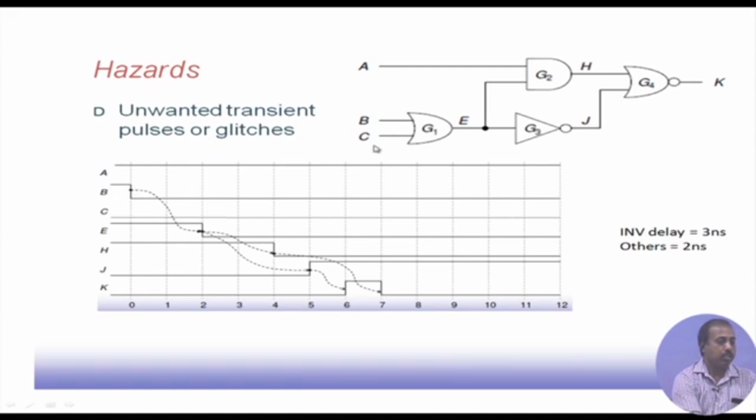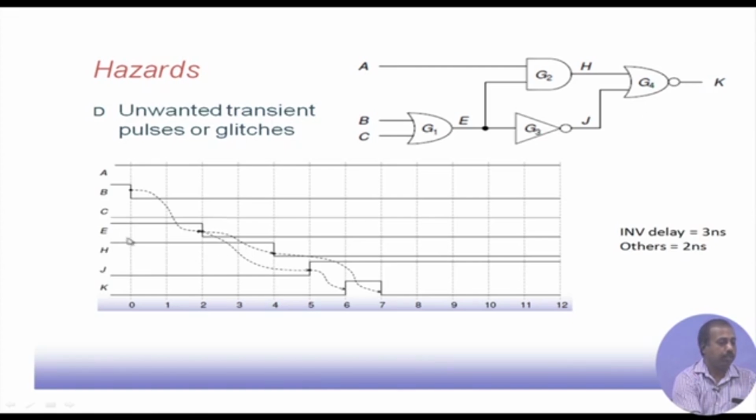Let us see what it was previously: A was 1, B was 1 and C was 0. So this value was 1, this value is also 1, so the H value is 1, and the NOR gate output was 0.